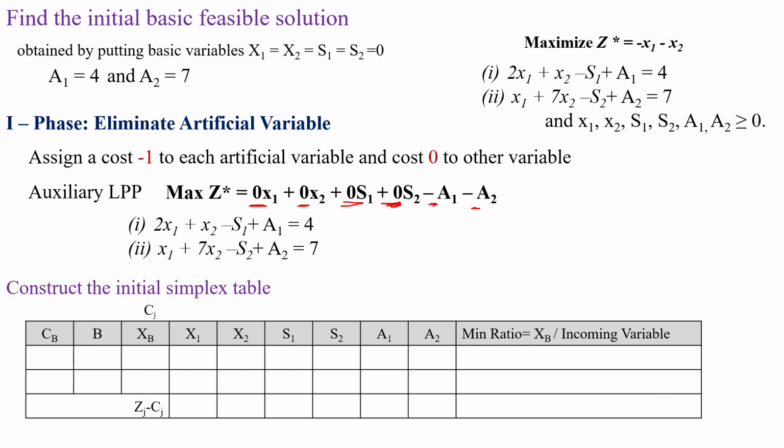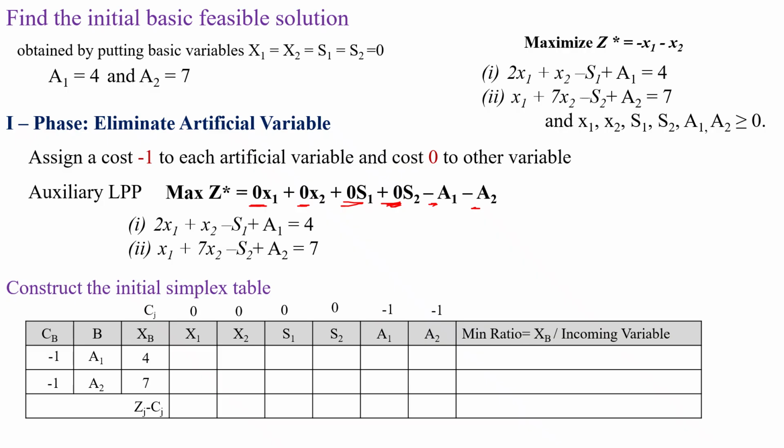So first you have to fill this table. The initial basic variables are a1 and a2 and their cost coefficients are -1 and -1. And the initial basic feasible solution is, for a1 the value is 4 and for a2 the value is 7.